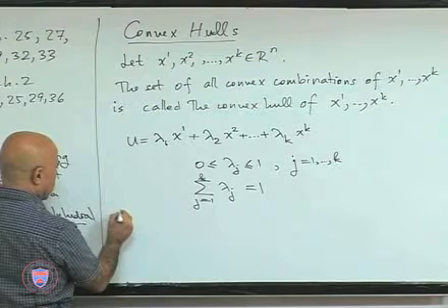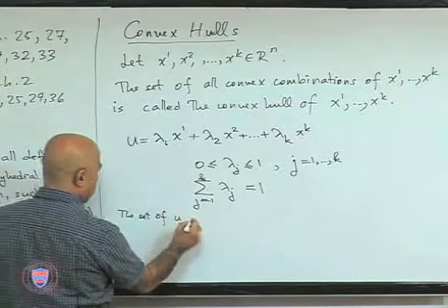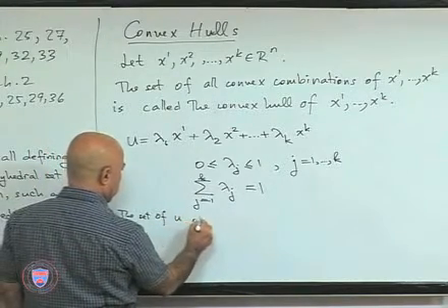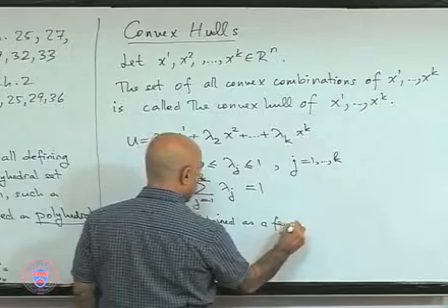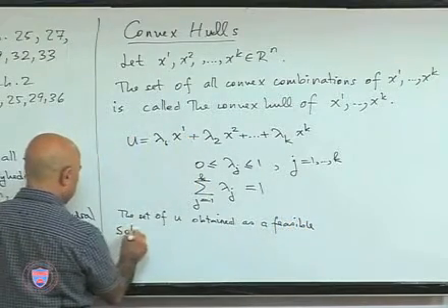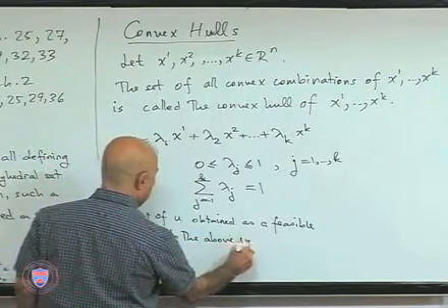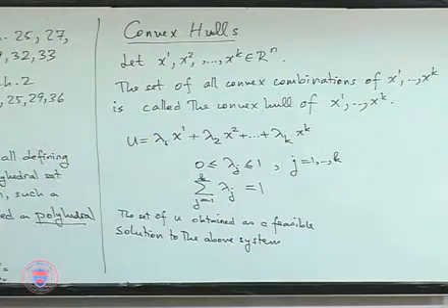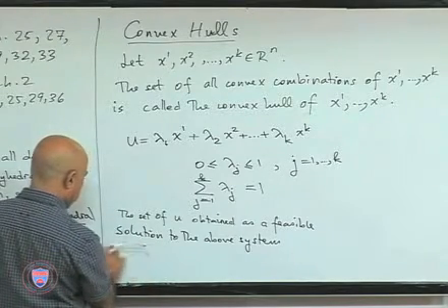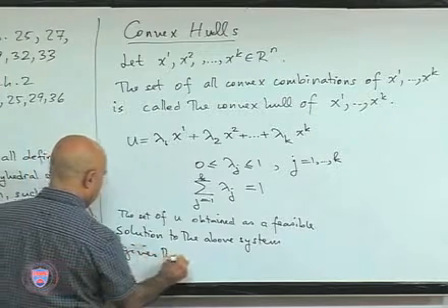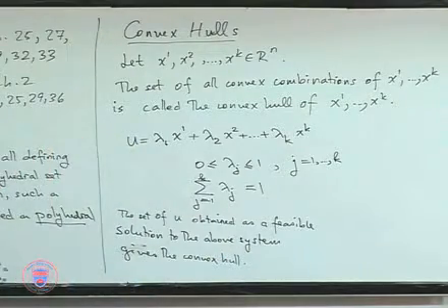And so the set of u obtained as a feasible solution to the above system constitutes the convex hull of these points. Okay? All right.